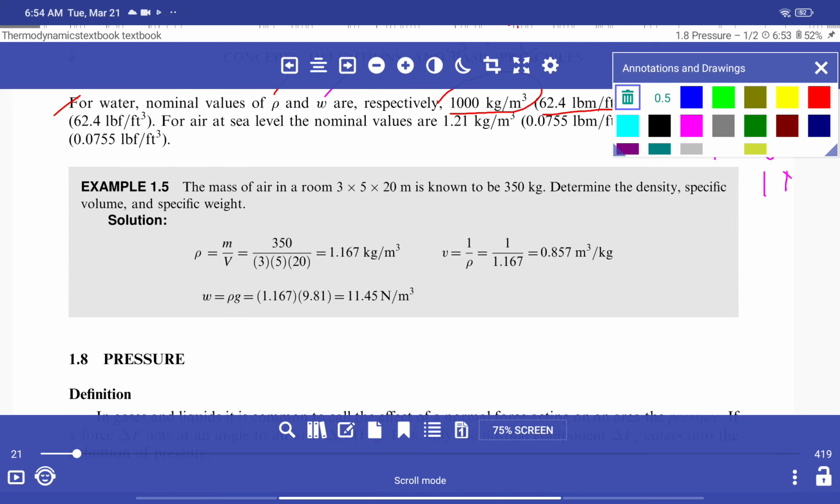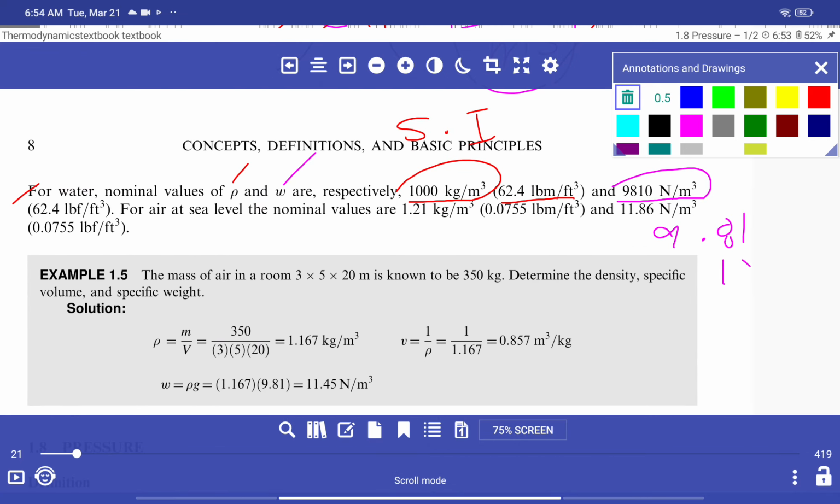Okay, kilonewton per cubic meter. Okay, let's continue. And then for air at sea level, the value is 1.21 kilogram per cubic meter. So actually, you can use this in solving if you are dealing with fluid machineries.